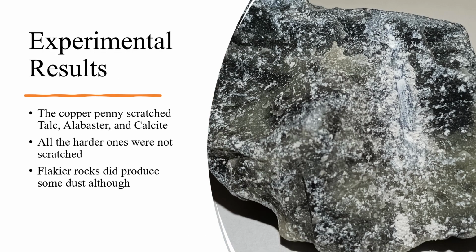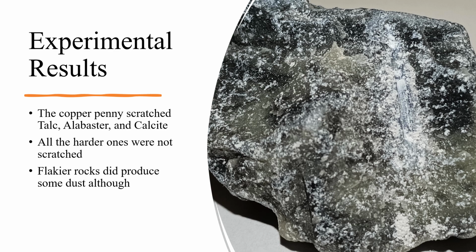So here are my results. And here's a picture of one of the scratches left by that penny on talc. This is the softest mineral there is. So the copper penny was able to scratch 3 of the 10 rocks. These 3 were the softest: talc, alabaster, and calcite, in that order.